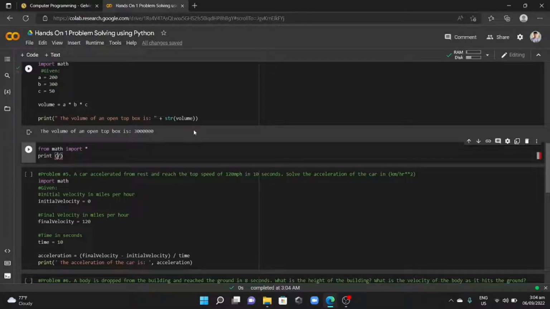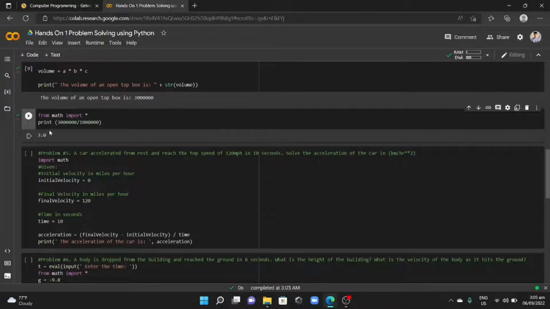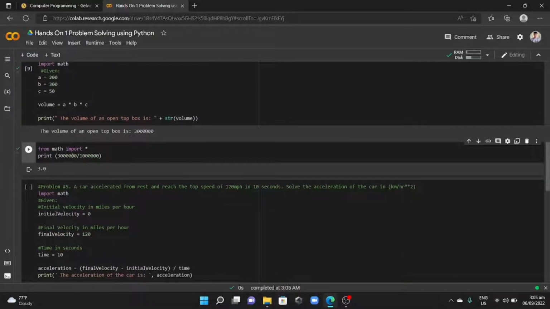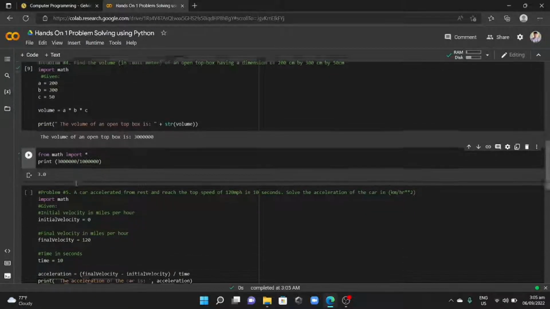And we are going to divide the 3 million by 1 million. And we are going to run the code, and there we go. We have 3 cubic meters. The volume of an open top box is 3 cubic meters.